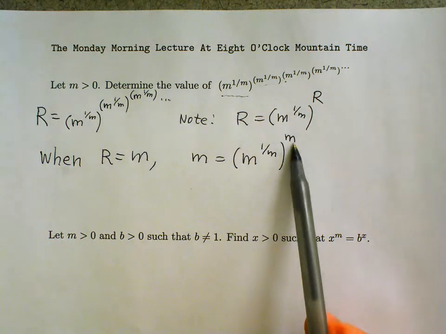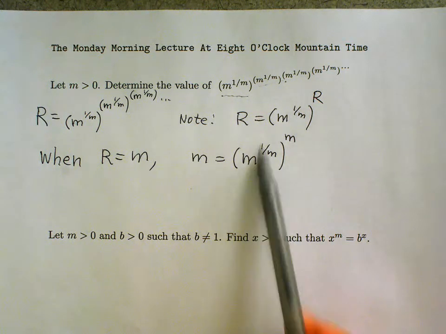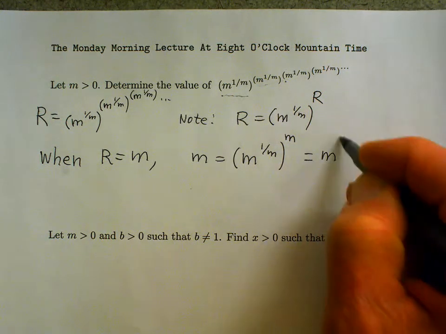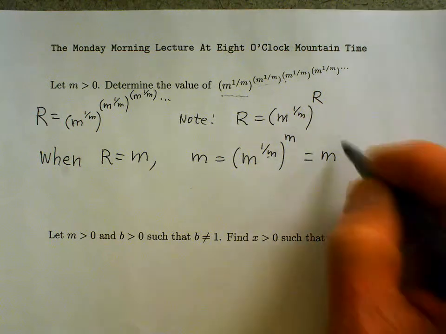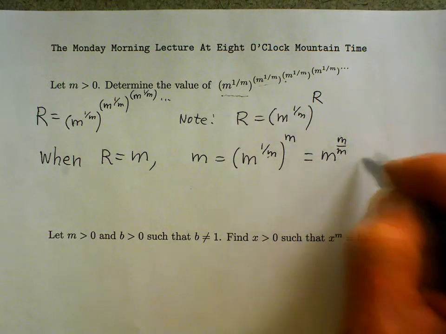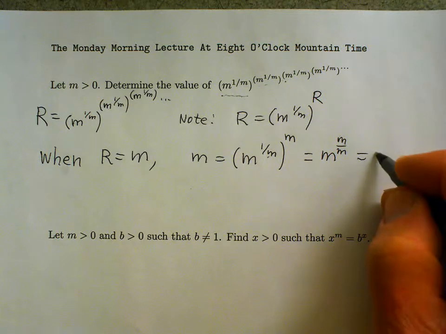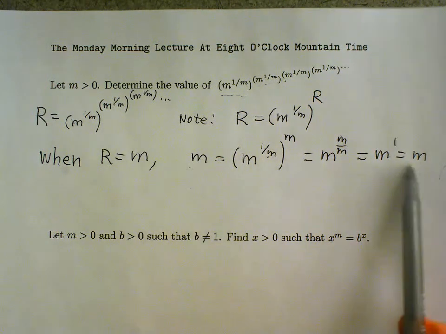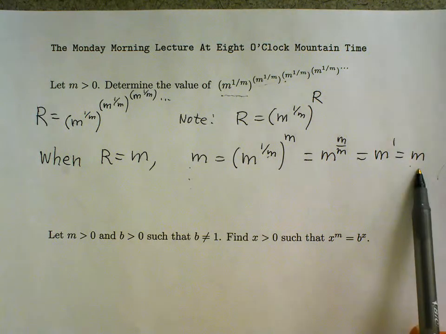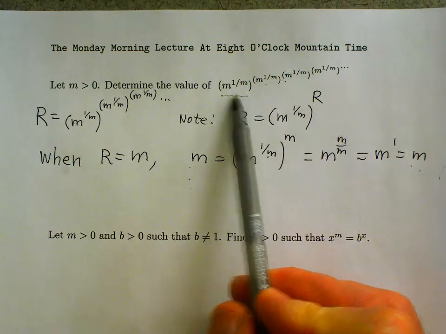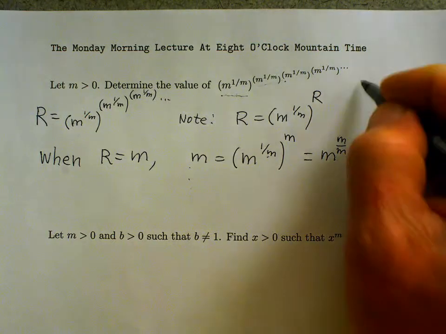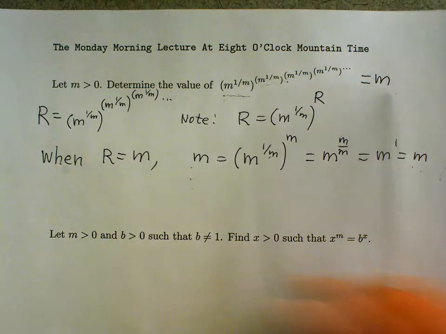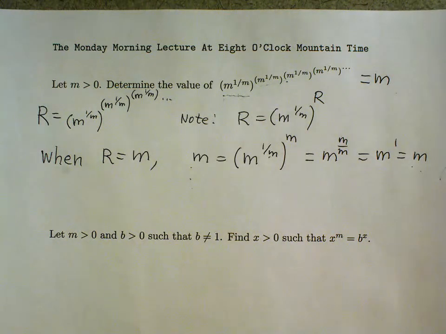Using properties of exponents, m to the 1 over m to the m is equal to m to the m times 1 over m, but m divided by m is 1. And we get a true equation. So this simplifies to the number m. We'll be using this fact a little bit later in a specific case.